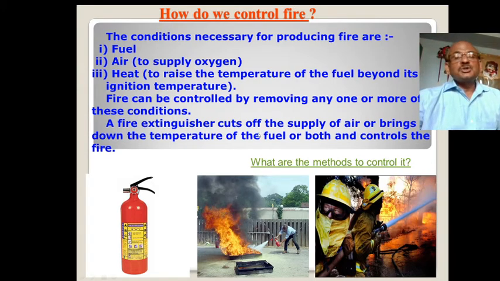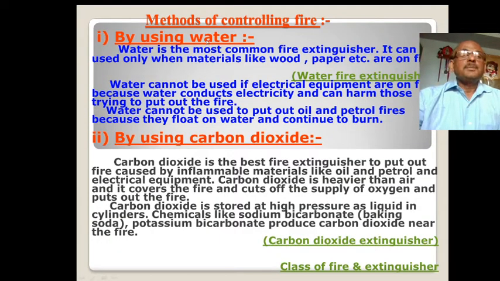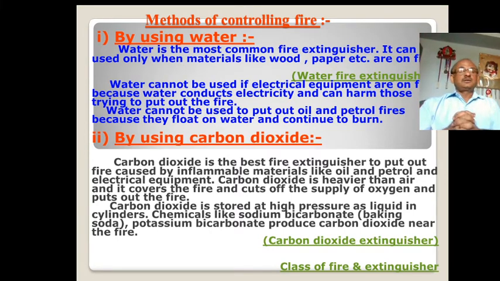So a fire extinguisher cuts off the supply of air or brings down the temperature of the fuel or both, and controls the fire. See the method to control fire by using water. That is called a water fire extinguisher. It is the most common fire extinguisher. It can be used only for materials like wood, paper, etc. Water cannot be used when electrical equipment is on fire because water conducts electricity and can harm those trying to put out the fire.